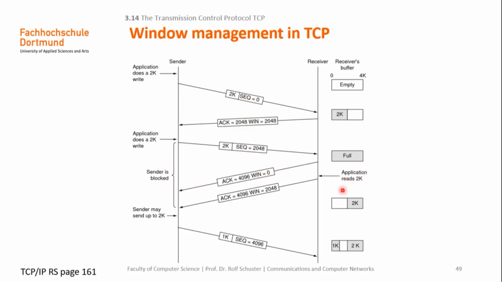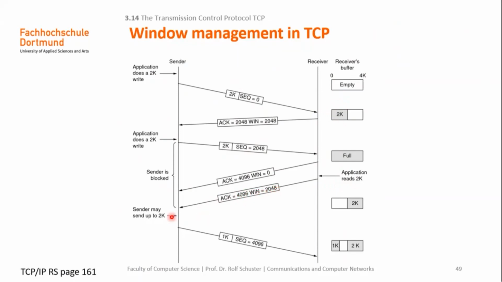Once the application process on this side reads the data in the buffer, for instance the first 2K, then the receiver sends the transmitter an acknowledgement indicating that the next octet it is expecting to receive is 4K, and the advertised window size is 2K.